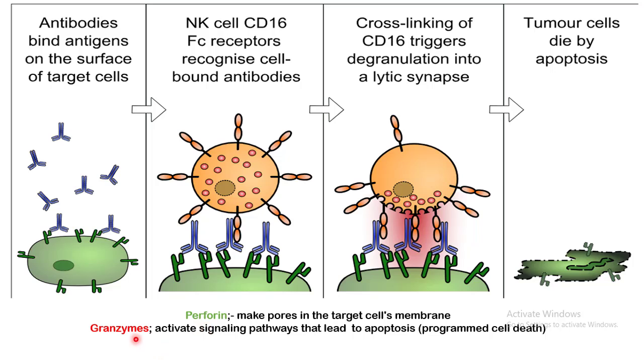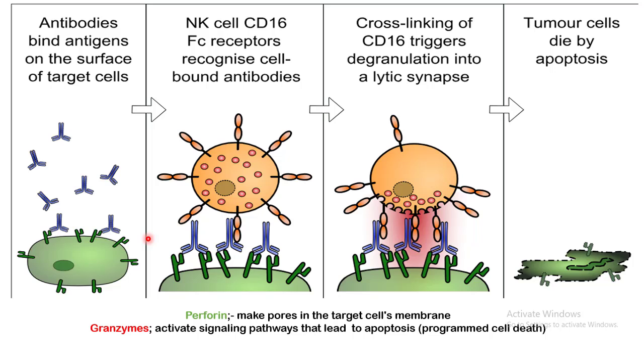These granzymes are then responsible for the activation of signaling pathways that lead to apoptosis. And once the apoptosis has been performed, you have removed the damaged cells like the cancer cells from the system. So the tumor cells are going to die by the process of apoptosis.